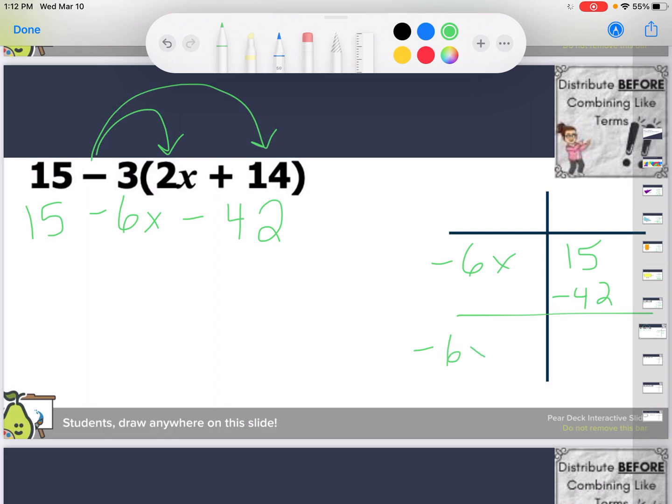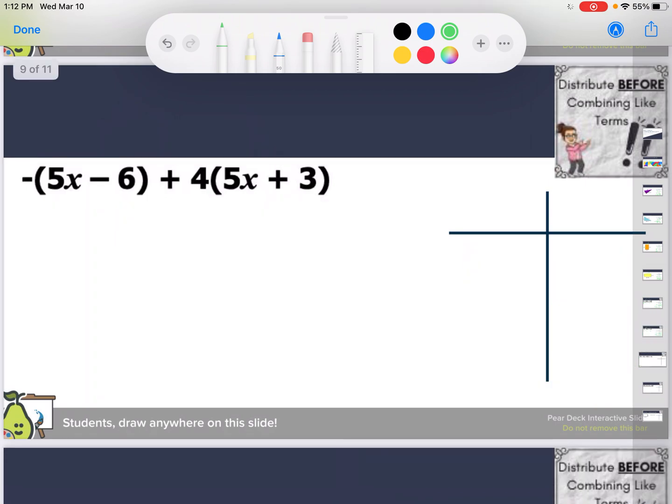So now I'm just going to bring down my negative 6x because I don't have anything to combine with it. And then over here, when my signs are different, I have to subtract and take the sign of the larger absolute value. So I know it's going to be negative because 42 has a larger absolute value. And I'm going to be left with 27. So negative 6x minus 27 is going to be my answer.